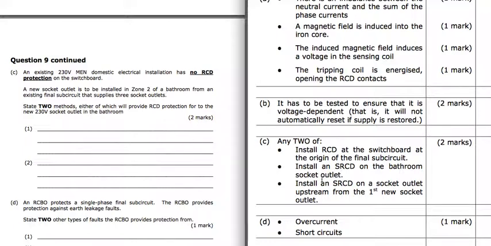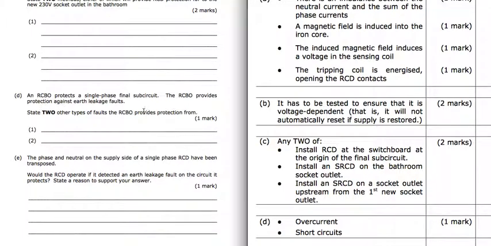We could install an RCD at the switchboard, at the origin of the final circuit, or we can install a socket outlet RCD on the bathroom socket outlet, the one that we're going to put in, or we can put a socket outlet RCD on a socket outlet upstream from the first new socket outlet, and that will protect all of those downstream. So either at the switchboard, at the bathroom socket outlet, or upstream from that bathroom socket outlet.